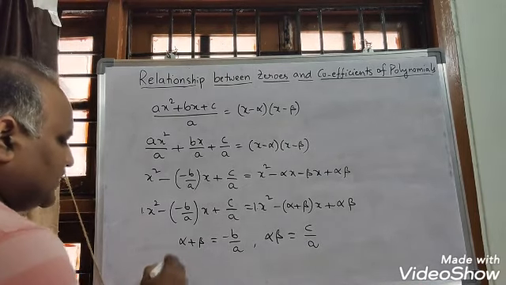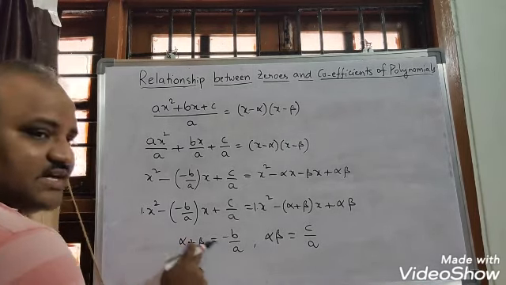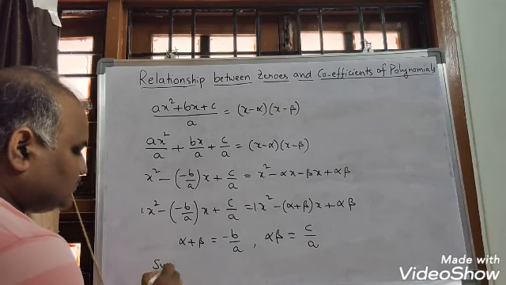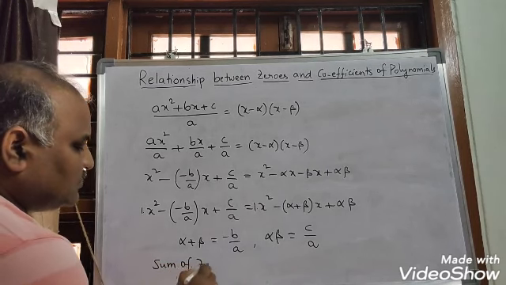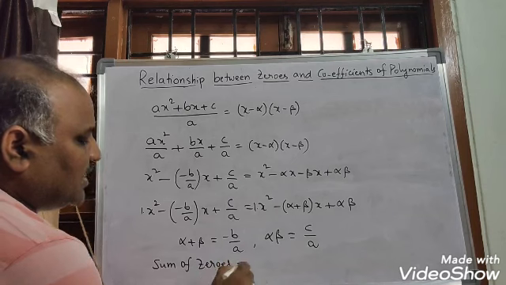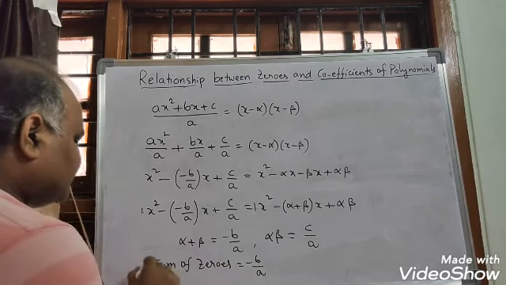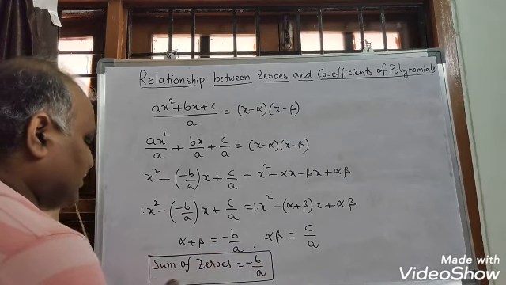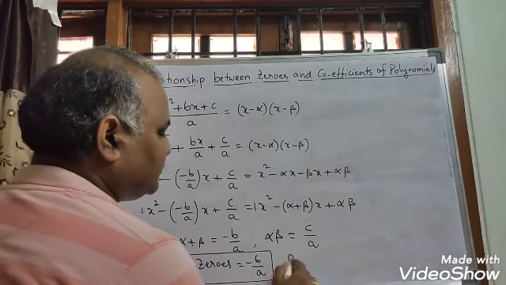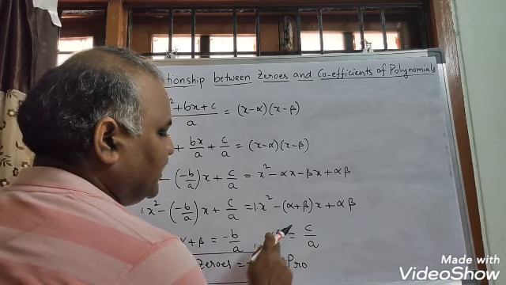That means here alpha plus beta is nothing but the sum of zeros. Sum of zeros is equal to minus b by a. So this is the formula for the sum of zeros, minus b by a. And here this is the product of zeros, alpha into beta.